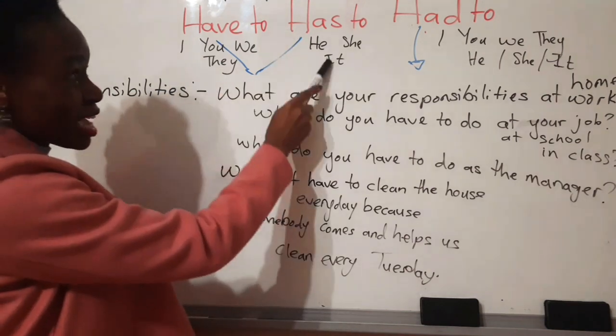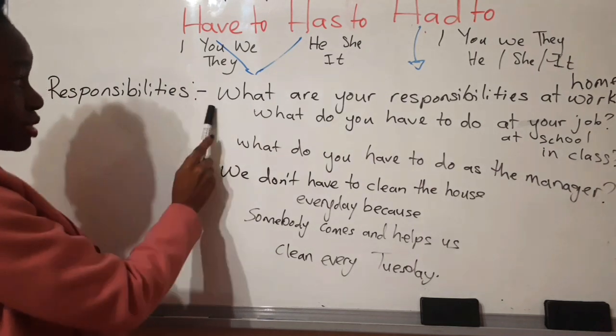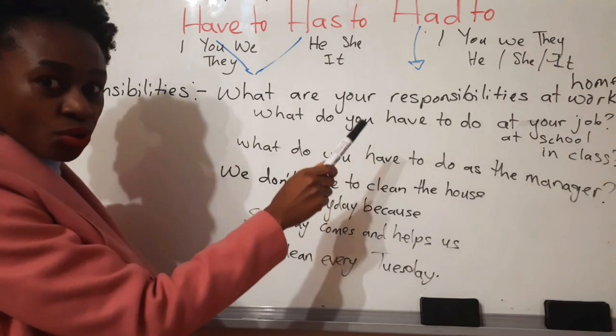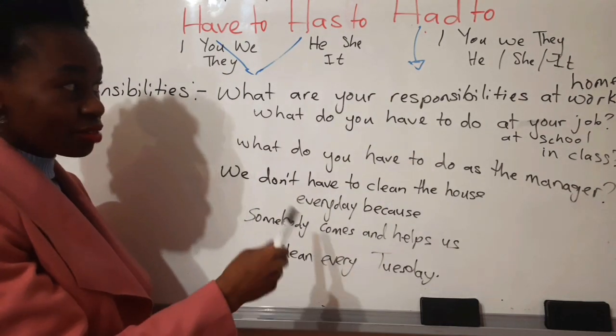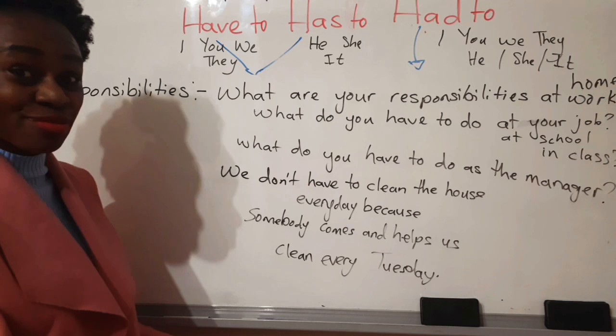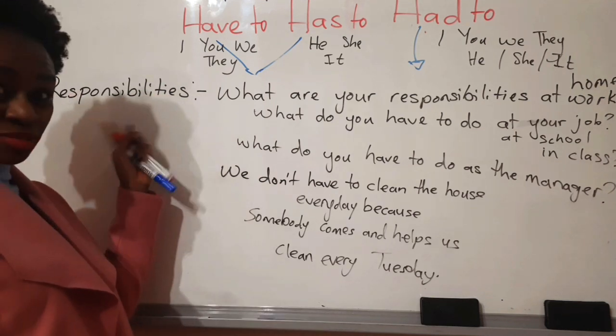So have to, has to. Talk about responsibilities in our life, at work, outside, in relationships, for example, as a husband, as a wife. What are your responsibilities to the people in your life? What do you have to do?